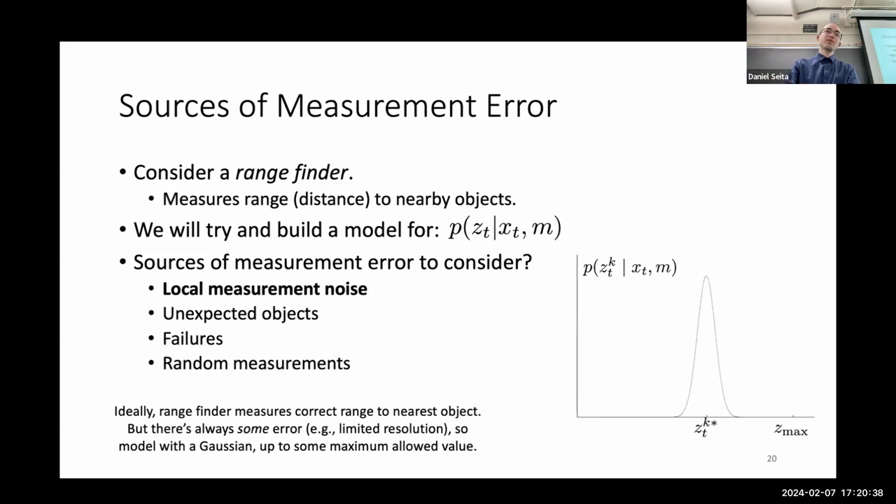You can model that as some distribution around the true value, using a Gaussian. If you assume local measurement noise is a small amount, then assuming it is zero-centered around the true value is pretty reasonable.